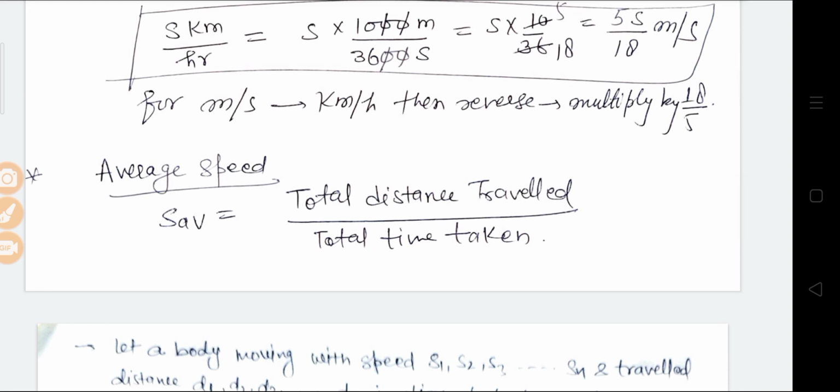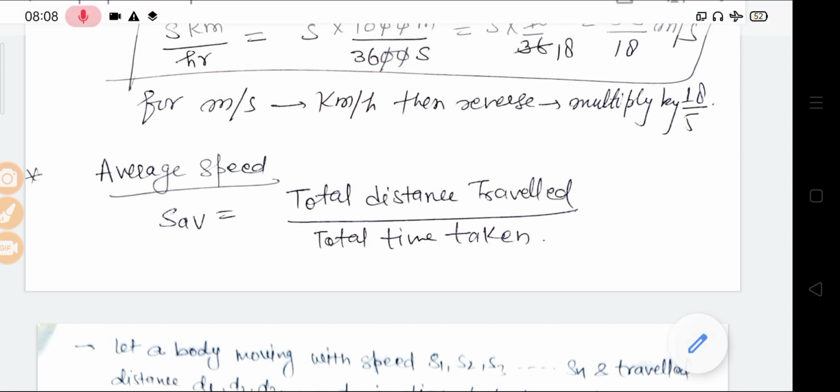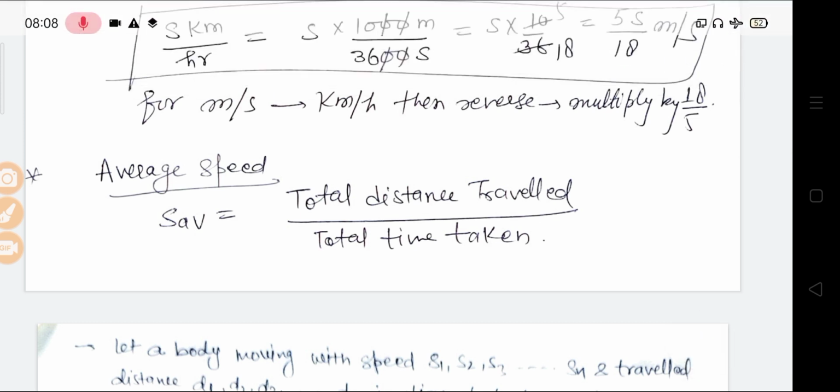Now average speed. How are we going to find average speed? Average speed equals total distance traveled upon total time taken. How much total distance you have traveled and how much total time you have taken.